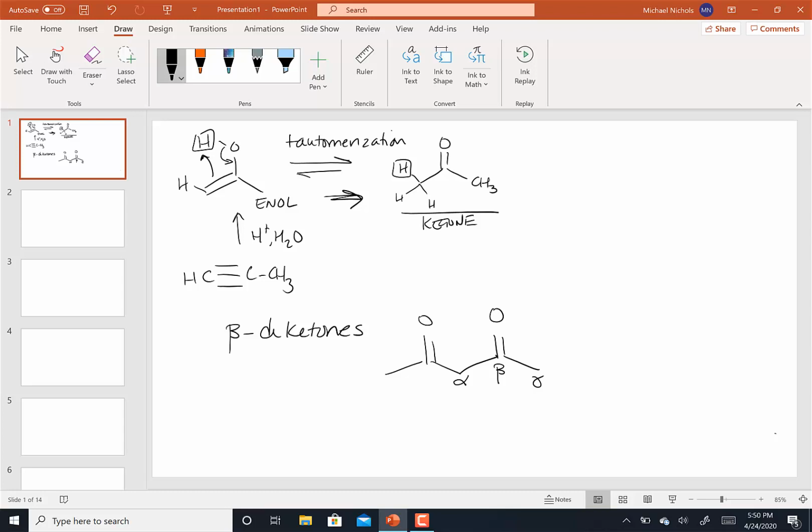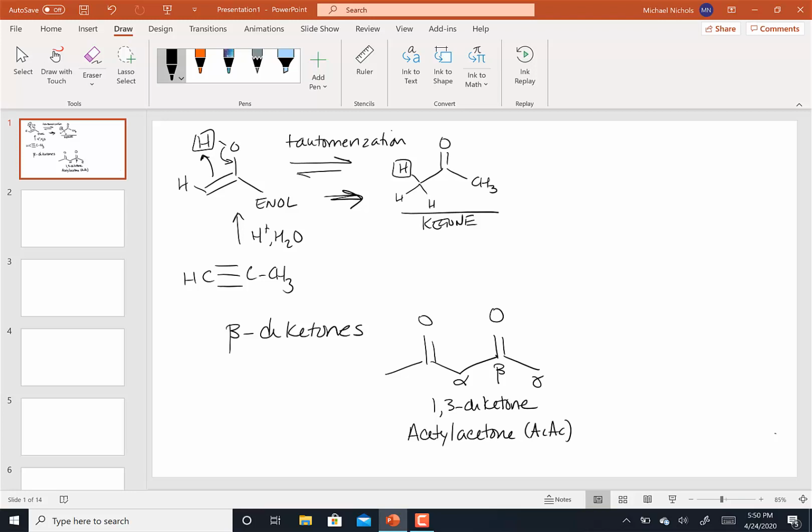So this would be called a beta dicarbonyl, which is using the Greek terminology for a 1,3. In this case, a 1,3 diketone, and in this specific case, a molecule called acetyl acetone, abbreviated ACAC.